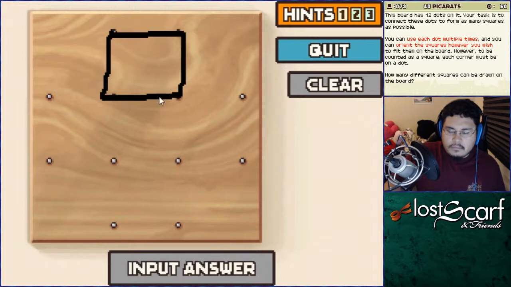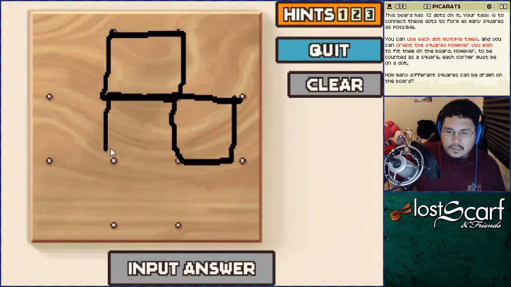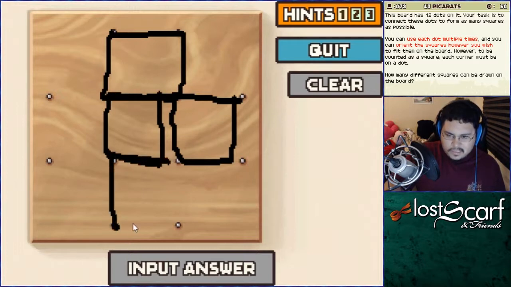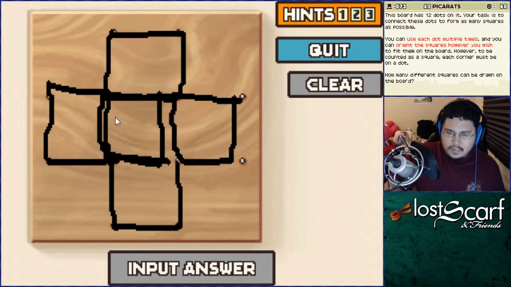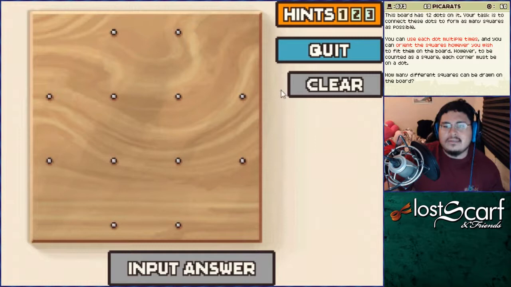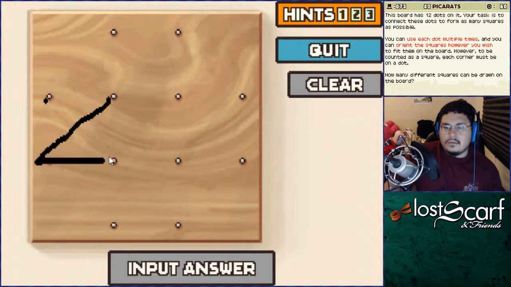1. 4. Okay, how many more squares can I draw besides those base 5? Does that count as a square?